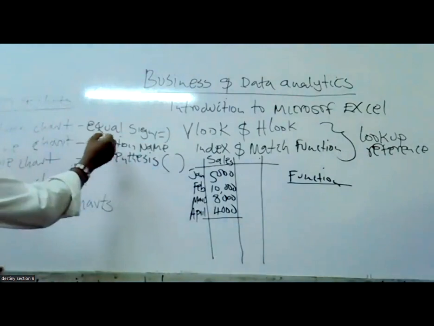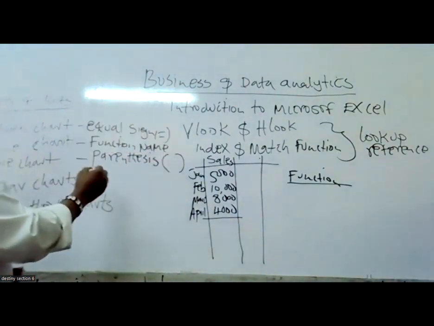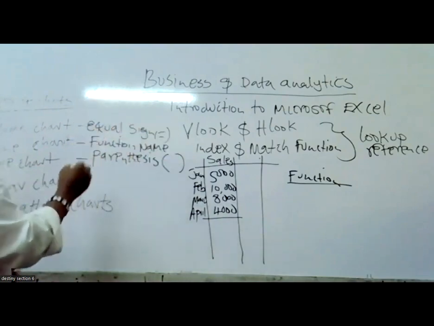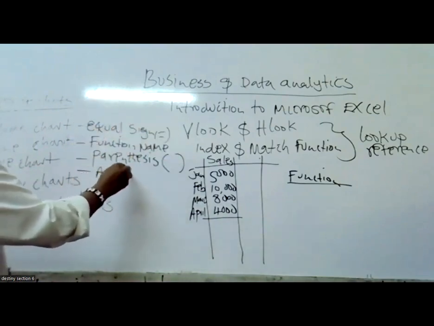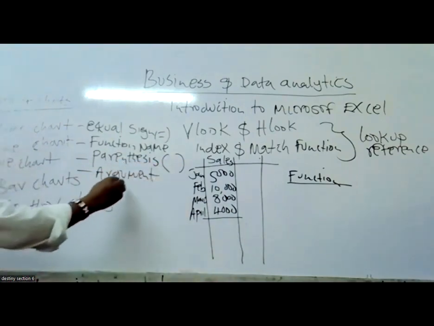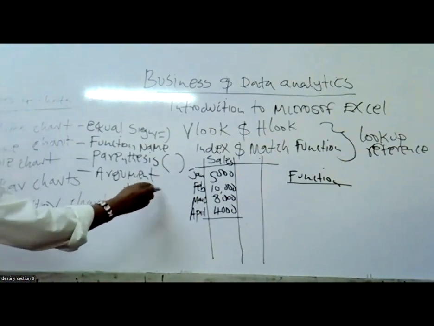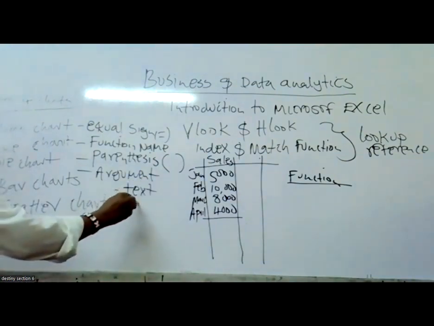One is the equal sign. Number 2 is the function name. Number 3 is the parenthesis. And then number 4 is the argument. And then the argument can be what? It can be a text. Number 2, it can be a numeric.